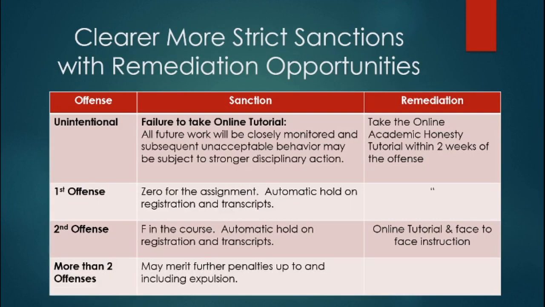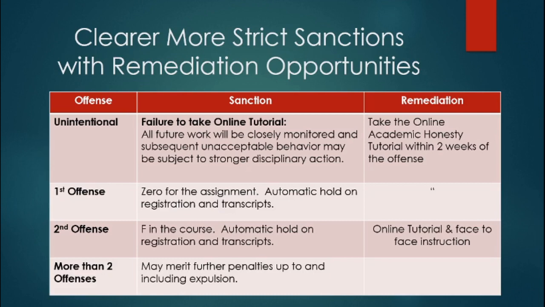So this is what we came up with: more strict sanctions with remedial opportunities. The first thing that we came up with, which was nice, was an unintentional offense. This is for those lenient faculty who don't want to put a permanent mark on the student's record.